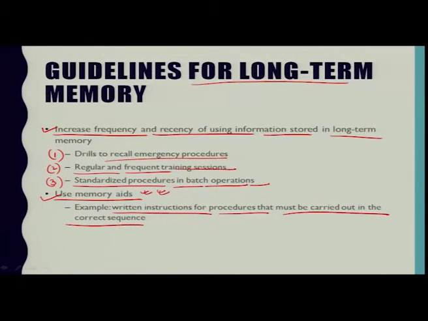Memory aids can take the form of a paper document or digital instructions. In this way, these are some of the possible guidelines which researchers have listed, based on their experiences, for enhancing the performance of memories like working memory and long term memory.